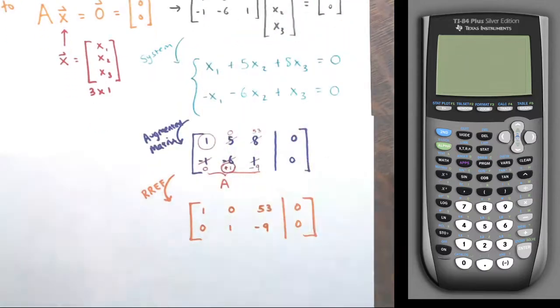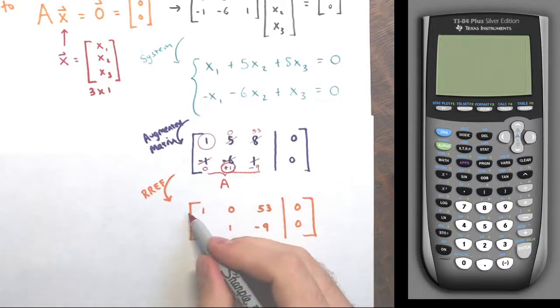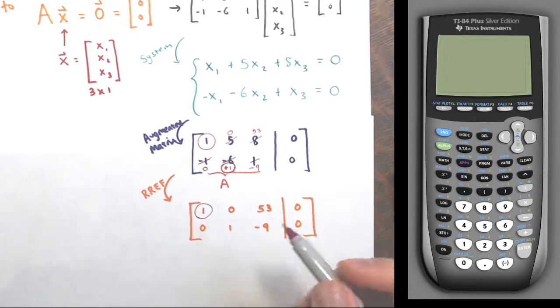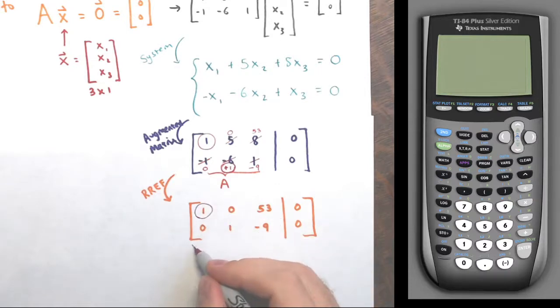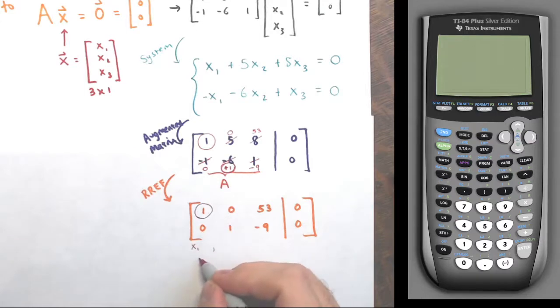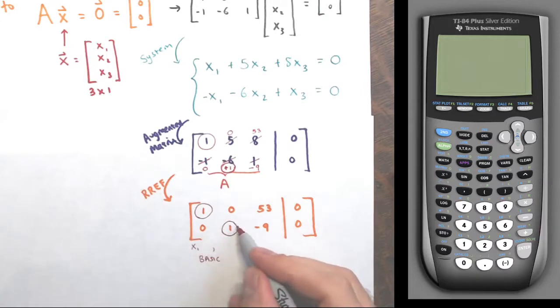Now, remember, each column represented the coefficients of certain variables, and you looked for your pivots, these leading ones in the rows. So this first row has this leading one, this pivot position, in the first column. So x1, this column is a pivot column. x1 is what they call a basic variable. The second row, the leading one down here, the pivot position is in column 2, so x2 is also basic.